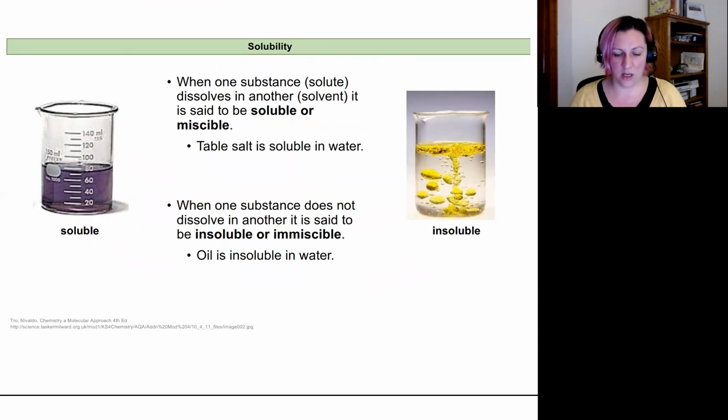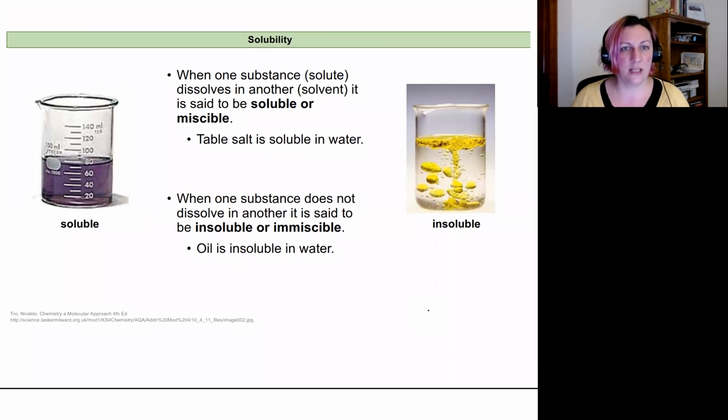Now, continuing on our definitions, let's look at solubility. Solubility is when one substance dissolves in another, the level at which that happens. So whenever one thing is soluble, dissolves in another, our solute and solvent, to make that homogeneous solution, then we say it's soluble or we say miscible.